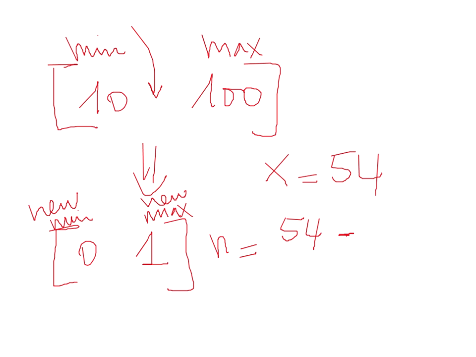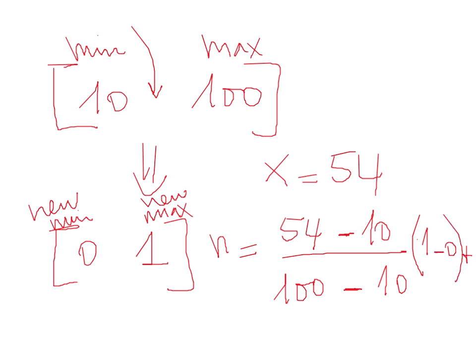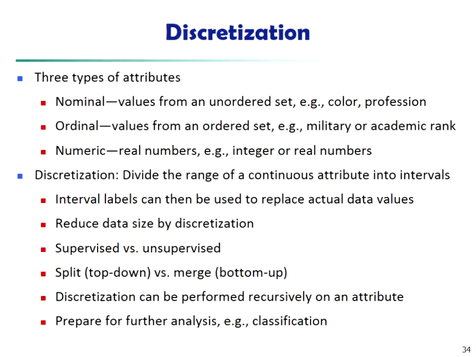So 54 minus the min, the min is 10, divided by the max 100 minus min 10, multiplied by new max 1 minus new min 0, plus new min 0. Equals 44 divided by 90. It's clear, Ahmed? Okay. Yes.